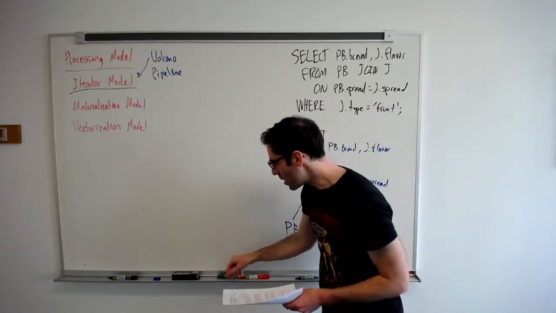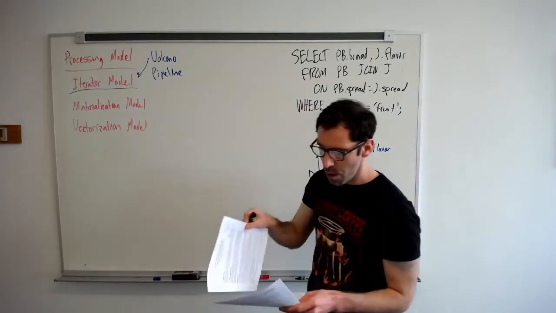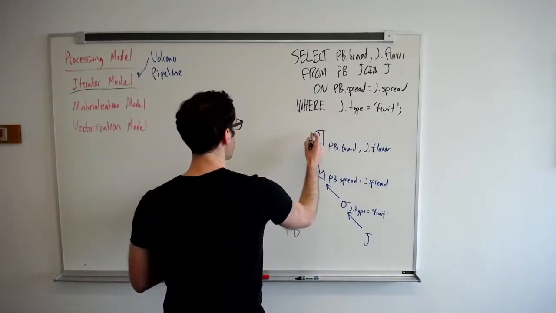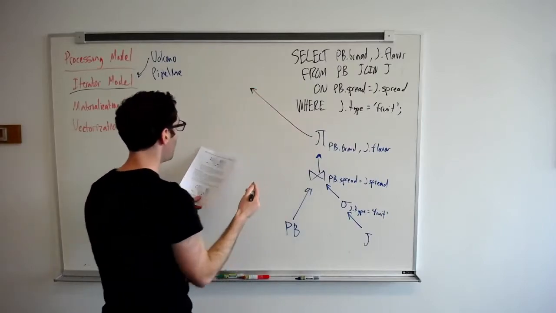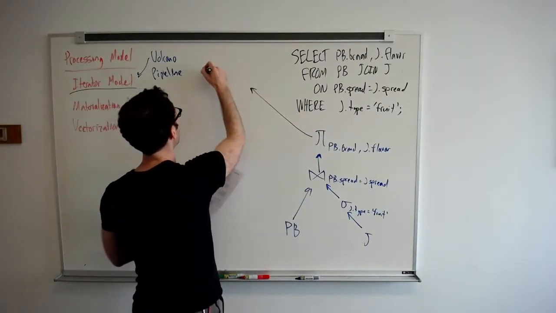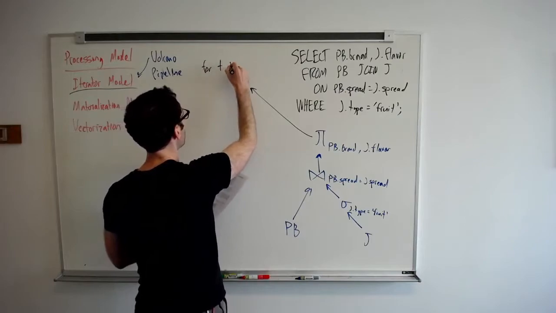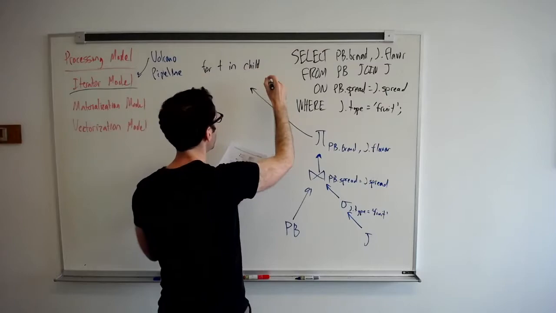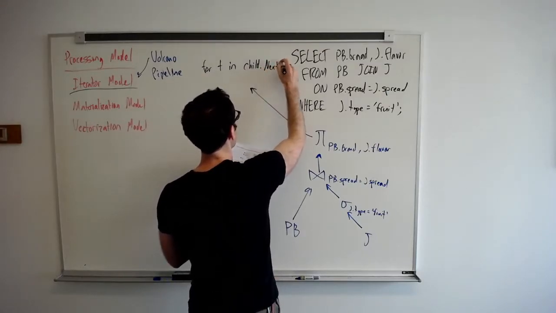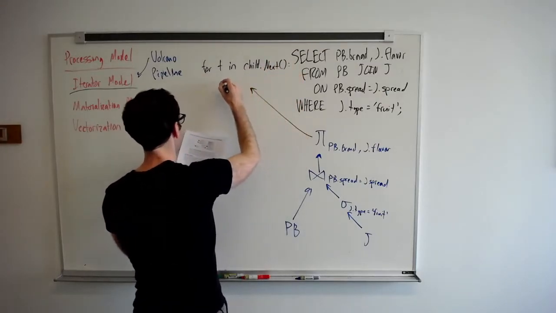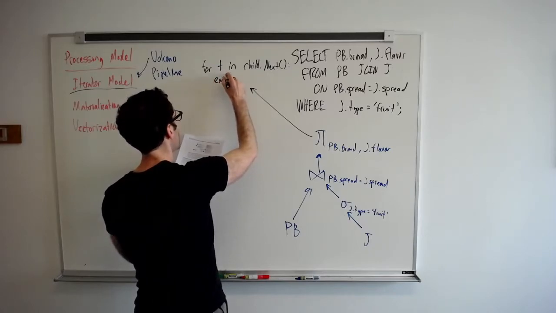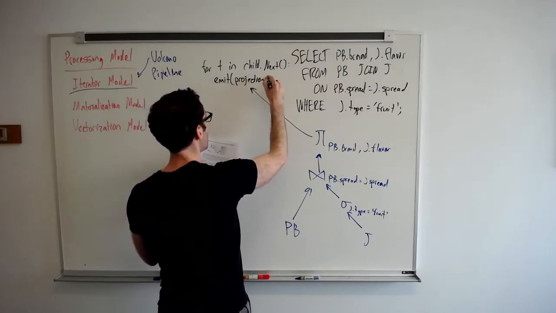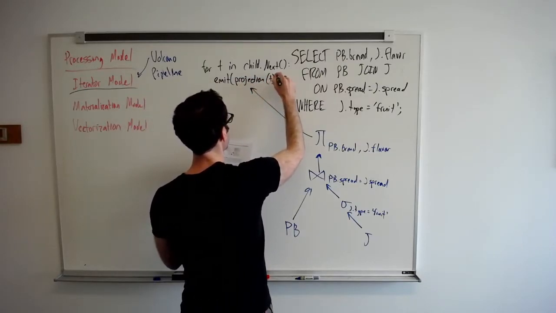And so let's put some actual pseudocode to this. Up here at the top, we have our projection: for tuple in child.next, we will emit the projection of that tuple.